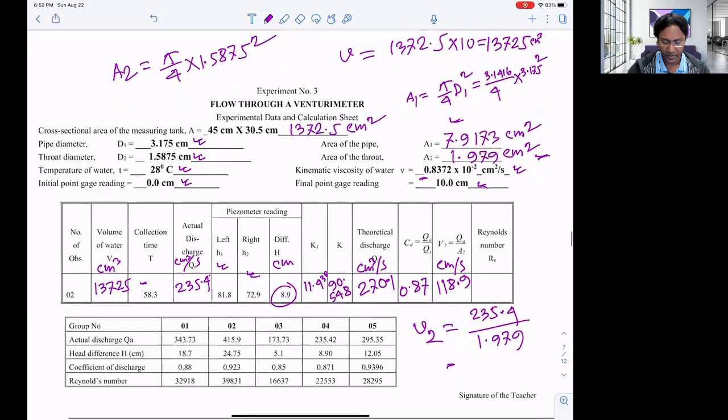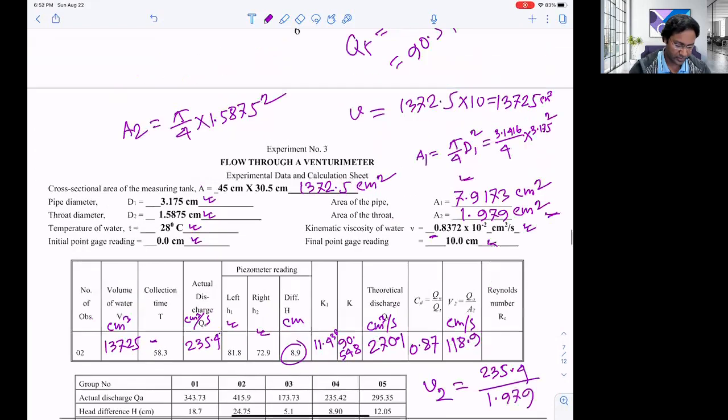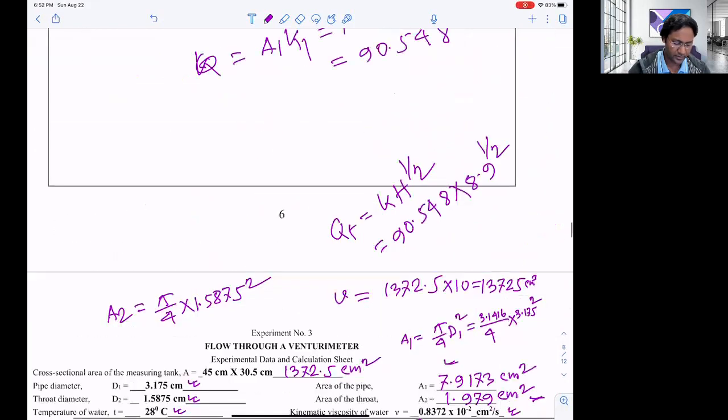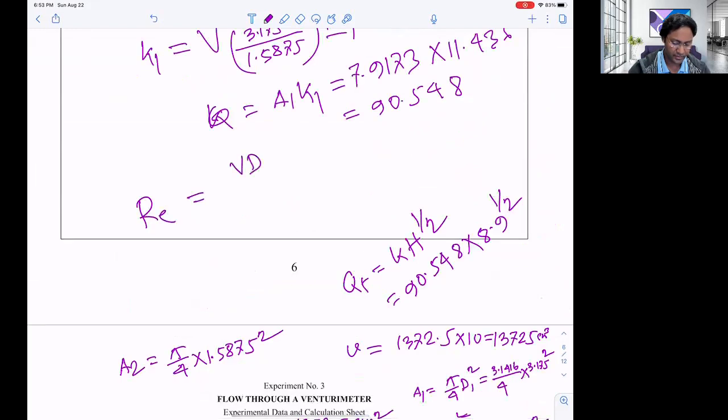So we have to calculate the Reynolds number. Do you have any idea about the Reynolds number? We know that Reynolds number Re is equal to VD divided by nu, where nu is the kinematic viscosity. V is the velocity of flow at the point where you want to calculate the Reynolds number, and D is the diameter at that point.